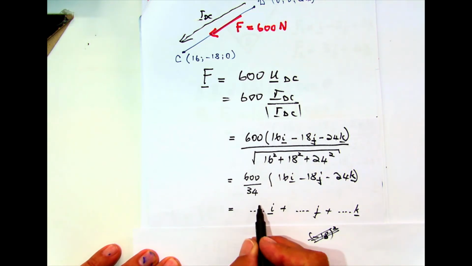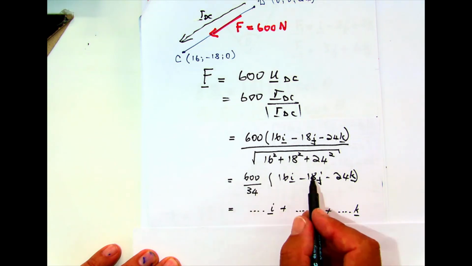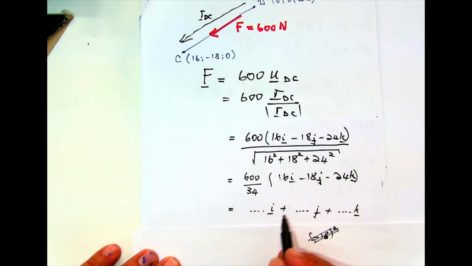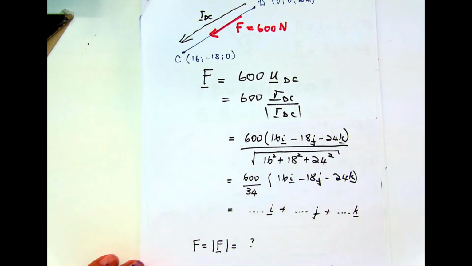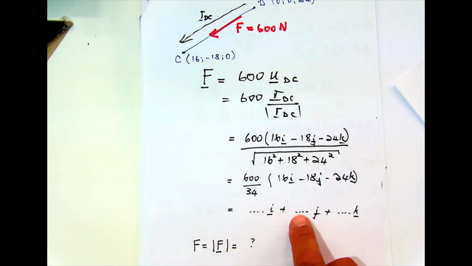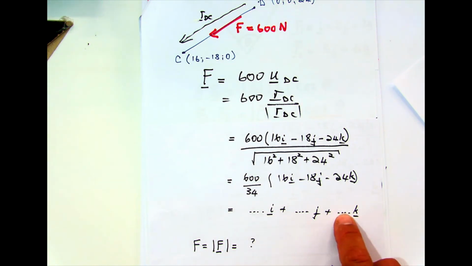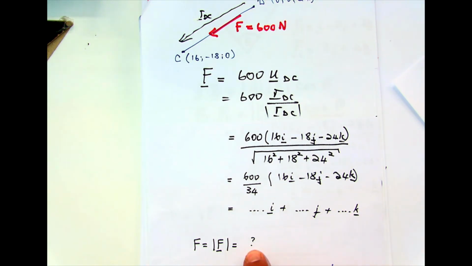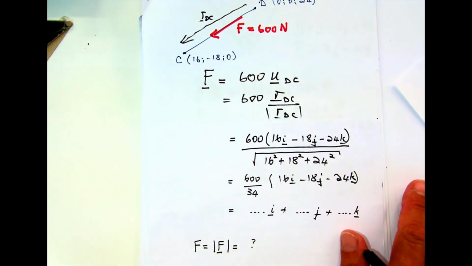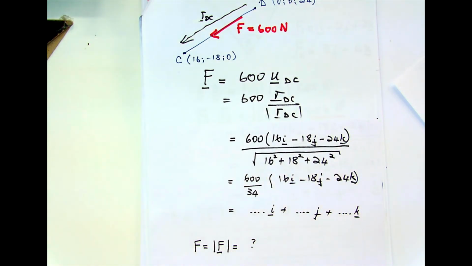That's going to give you the i component, and then 600 times minus 18, etc. And you get those different components. And once again, the magnitude of the force, that one squared plus that one squared plus that one squared, should give you 600. Because that was my force when I started.